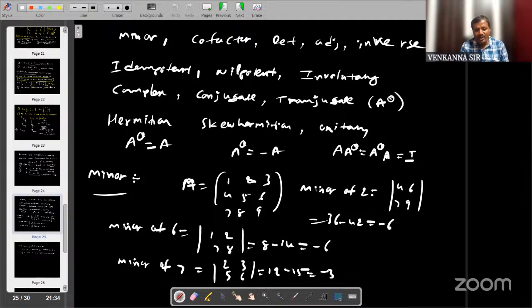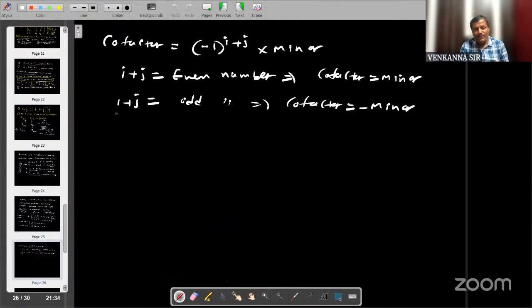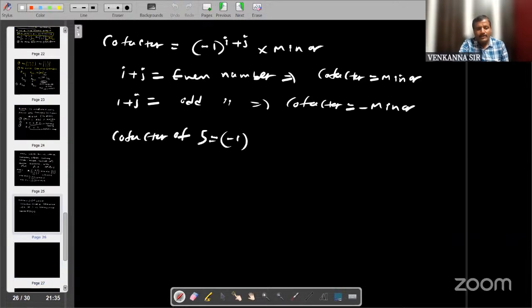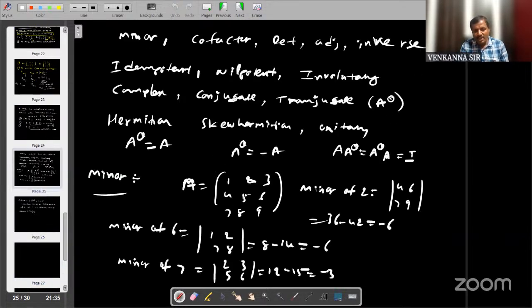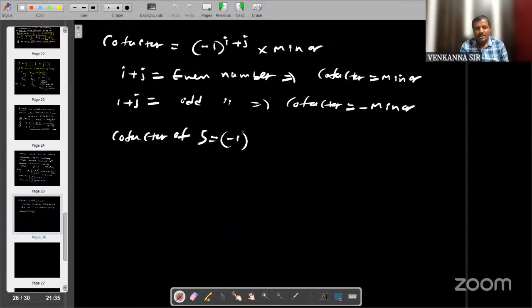So let us take one example, the cofactor for this 5. Cofactor of the 5 is equal to minus 1 power of... This 5 belongs to the second row, second column, so i plus j is 2 plus 2.